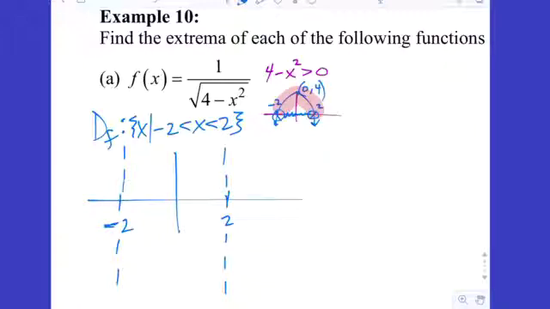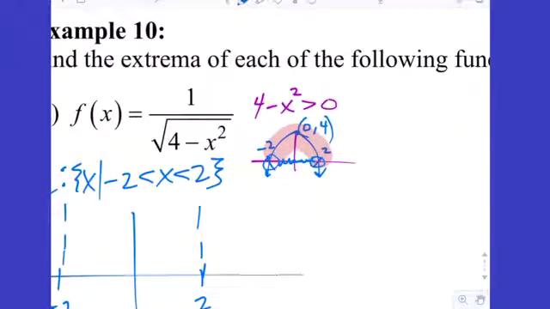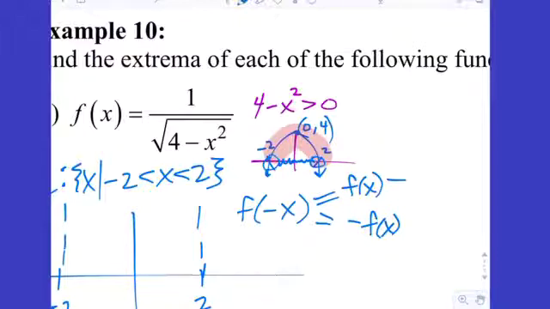What about any symmetry? The asymptotes look like they line up across from the y-axis from each other. Is this an even function or an odd function or neither? Remember, the test is if you replace x with negative x, do you get the same thing you started with, or the opposite thing? If you get the same thing, it has y-axis symmetry and it's even. If you get the opposite thing, it's an odd function and it has origin symmetry.